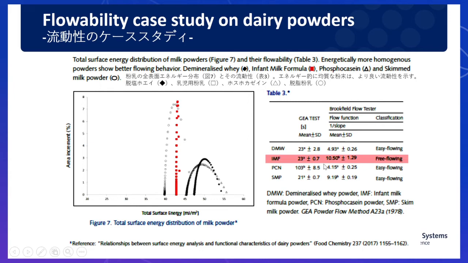So you can see there's a clear correlation between the surface energy distribution and the flowability of these milk powders. We published these results. You can see the reference at the bottom of this slide. The publication was in the Food Chemistry journal.